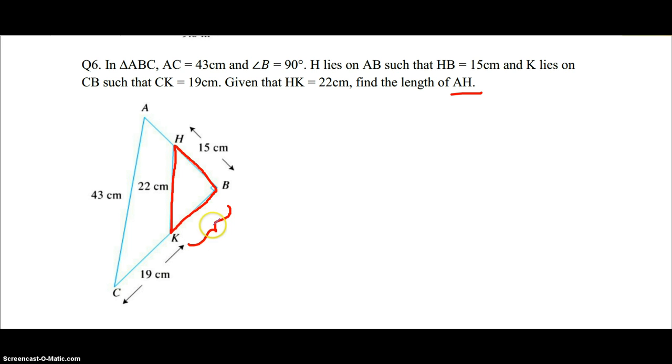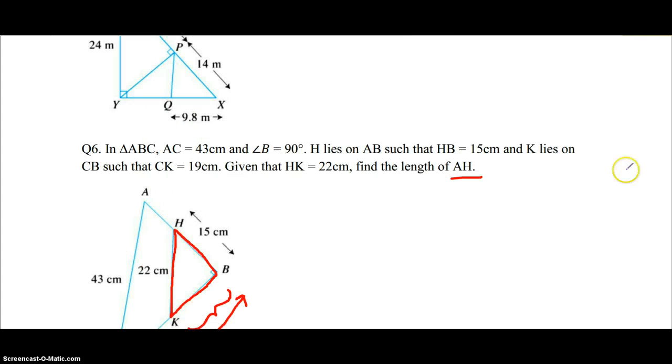After I find this, I know the hypotenuse of the bigger triangle, so AC square minus CB square will give me AB square. Then I find my AB, and after I find AB, I minus away 15, I will get my AH. I'm not going to write the workings out here. You have to do it yourself at home.